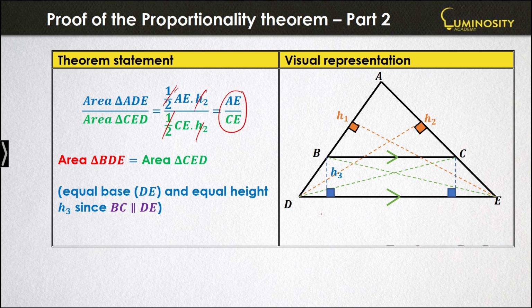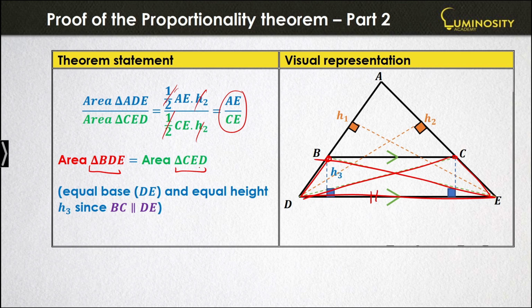Triangle BDE and triangle CDE share a common base DE, and they are between two parallel lines, BC and DE. Two triangles with a shared base between parallel lines must be equal in area. So this is where we get area of triangle BDE equals area of triangle CDE.